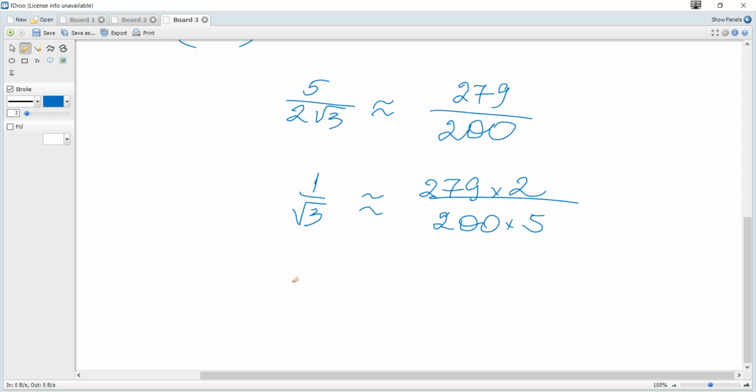And flip both sides, so root 3 is approximately... we can divide by 2 to get 279 divided by 5.